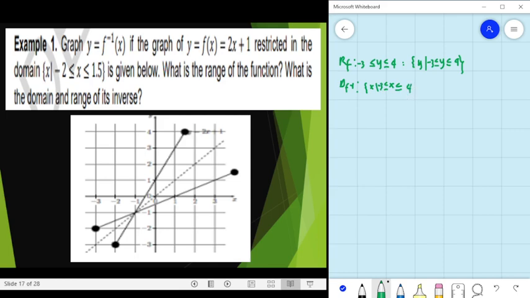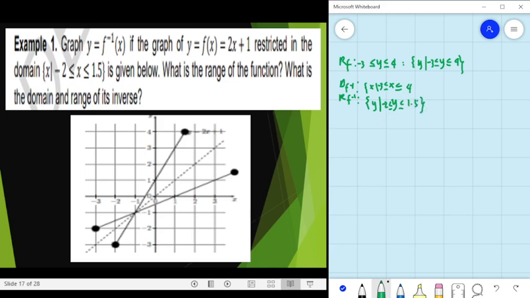So the domain is negative 3 to 4, and the range is y such that y is between negative 2 and 1.5.